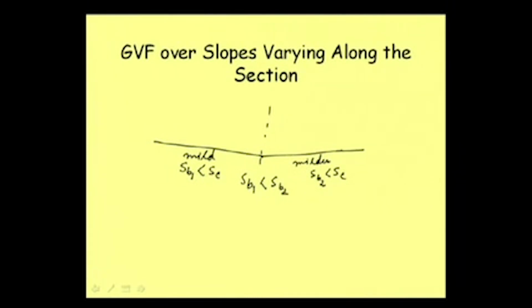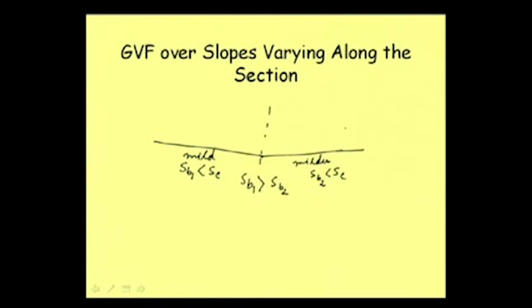Oh, am I wrong? Yes, I am wrong. SB1 is greater than or equal to SB2, because this is comparatively steeper than this one, but of course in the mild slope portion. Now as far as critical depth is concerned, let us see what sort of profile it will be during the entire flow portion from here to here.